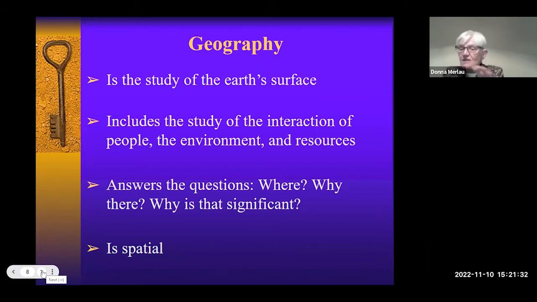It's connected to other places. In history, people organize information based on time and time periods. In geography, people organize things around space and how people connect across space, where it is and why it's there and what's there. Okay.